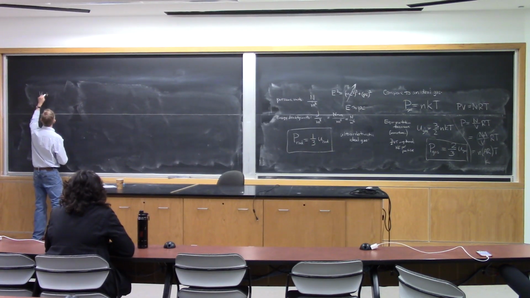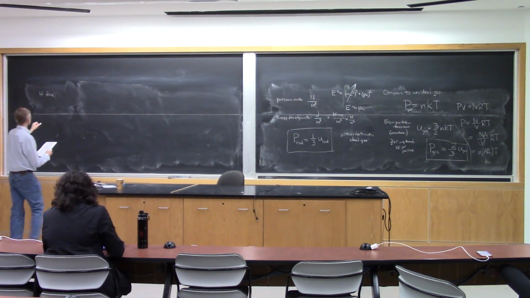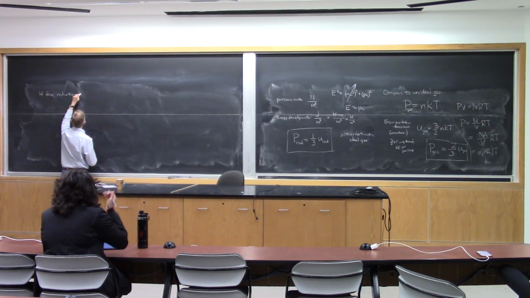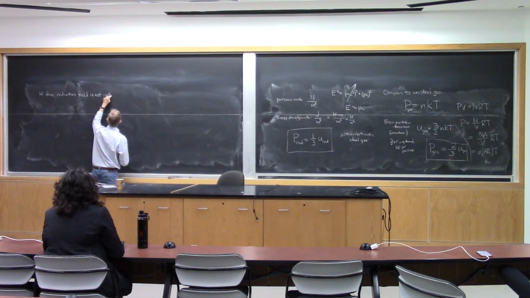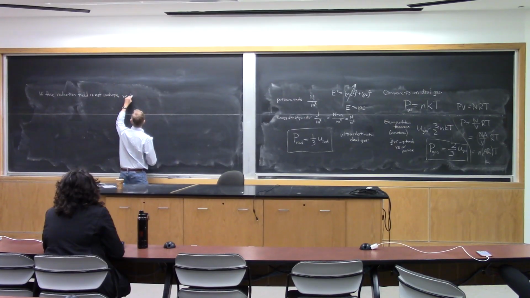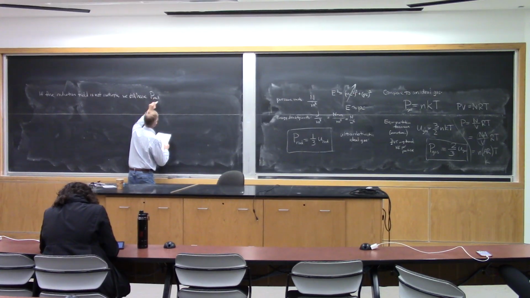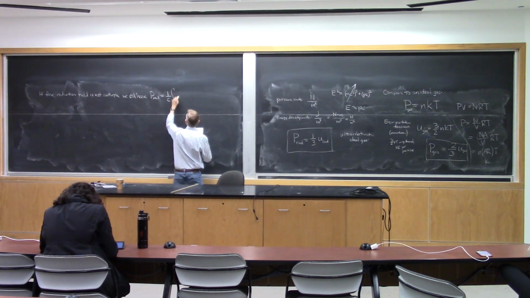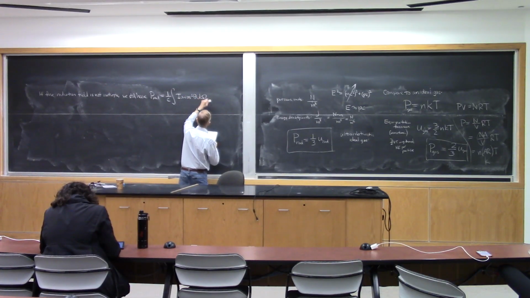One more thing with this. If the radiation field is not isotropic, we still have P-rad given by that integral: P-rad is 1 over c times the integral of I-lambda cosine squared theta d-omega.